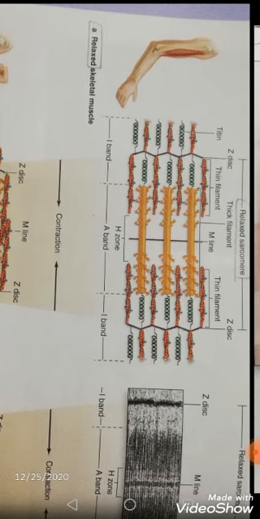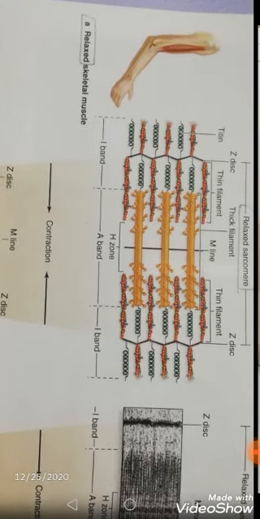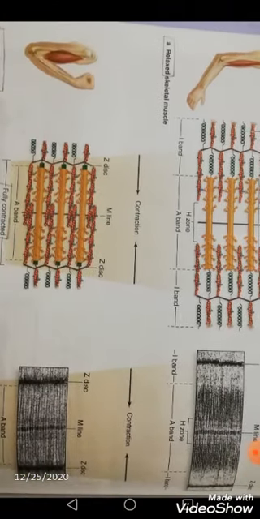So the region of the I band showing lighter stain tells us very clearly that it is the portion where the thick filament does not overlap the thin filament, which is why the I band stains more lightly.